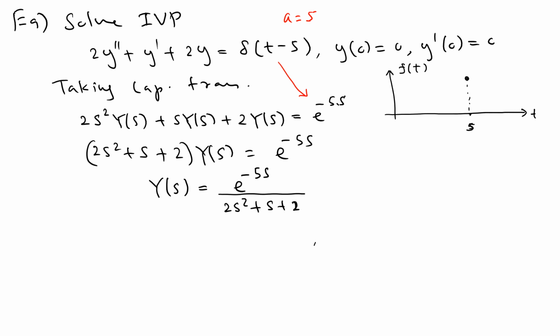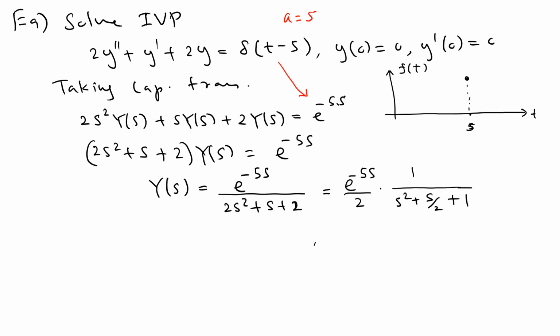So we solved the problem in the Laplace domain, but we need to solve this for the time domain. What we normally do is try to find factors if we can, but in this case it's difficult to find factors. So what we normally do is completing the square. Let's do that. I'm going to pull the 2 out, and you get s squared plus half s plus 1.